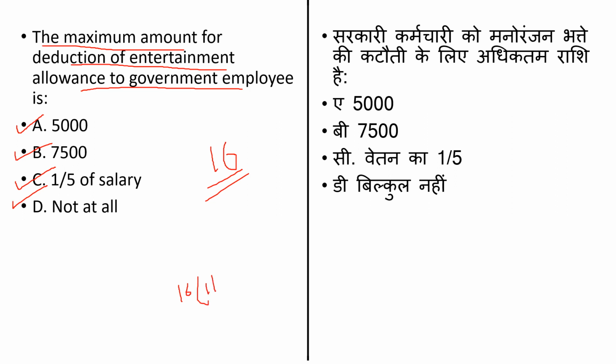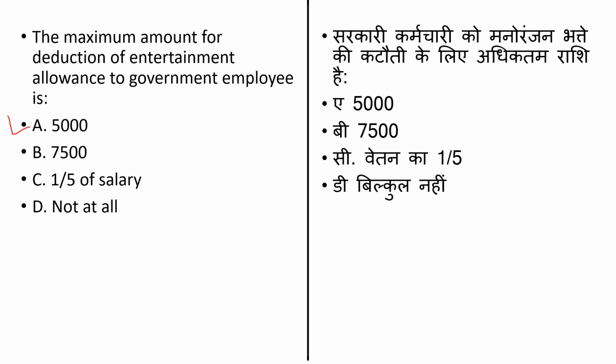But there is a limit, that is 20% of gross salary or actual entertainment allowance or Indian rupees 5,000. So these are the three things which you have to remember. So here the correct answer will be option number A, that is 5,000.